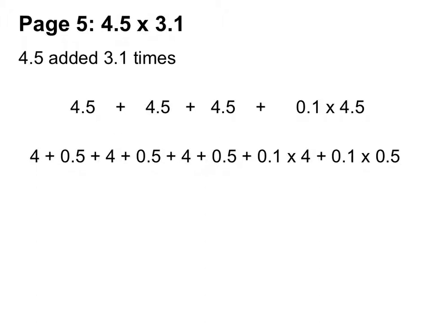Okay, just to repeat this process, doing it in the other way, okay, this can be 4.5 added 3.1 times. So that's 4.5 plus 4.5 plus 4.5 plus 1/10 of 4.5. And then I can break that up even more. So here's my 4 and my 0.5, my 4 and my 0.5, my 4, my 0.5.